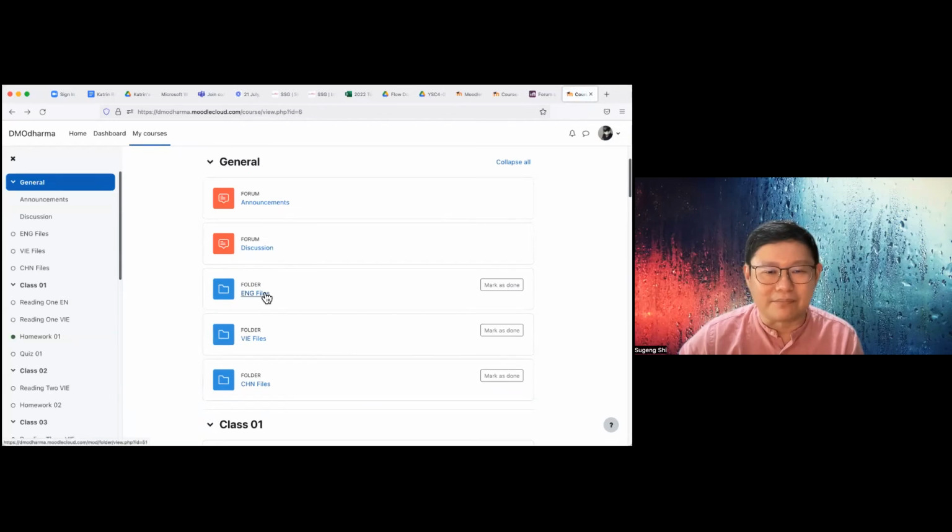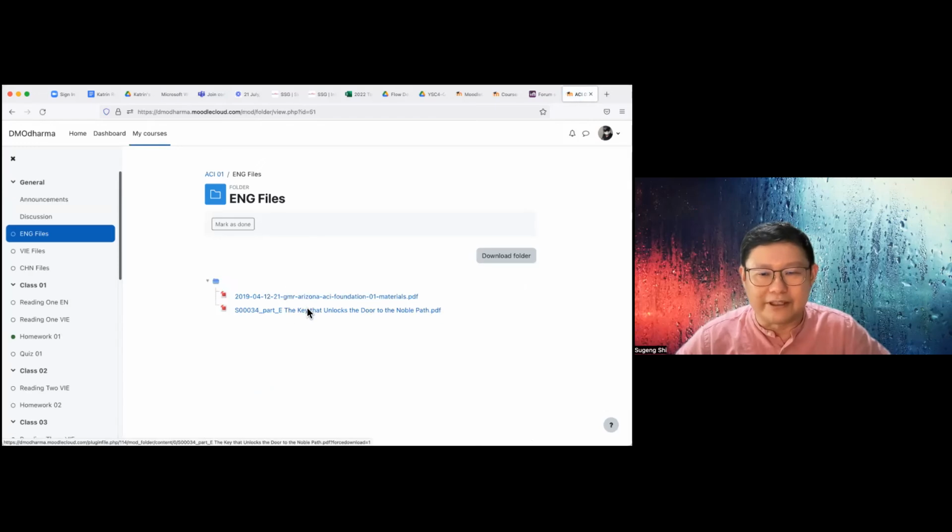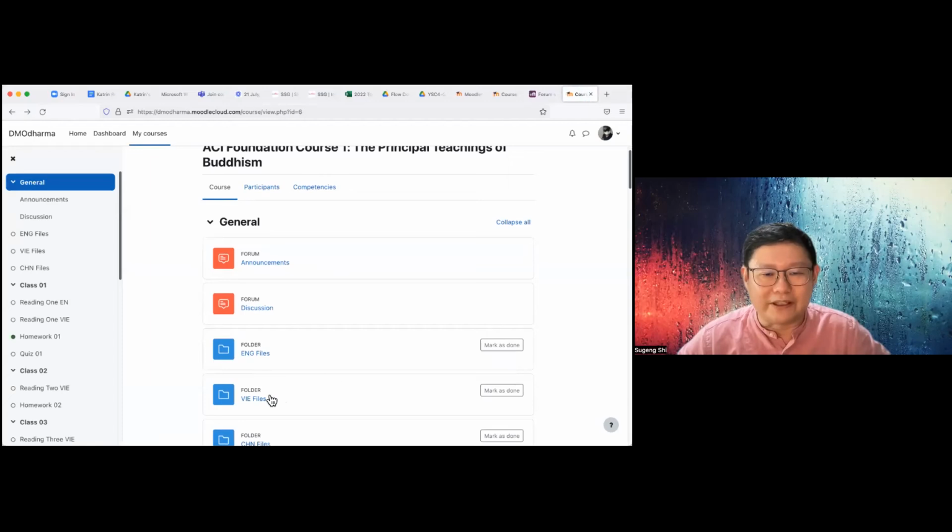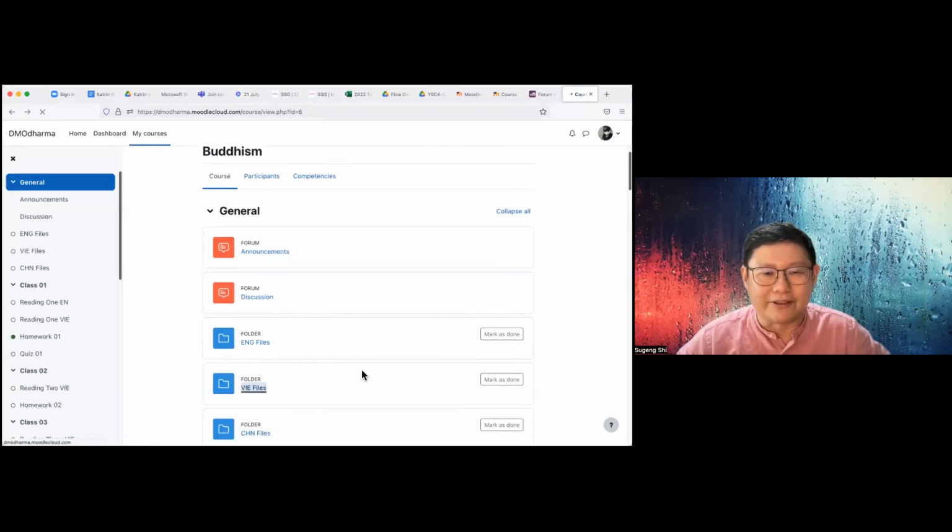Beside that, if your base is English, you can go to the English folder. There are 2 texts here. These are all the materials that we are using, and this is the text of the 3 principal paths.